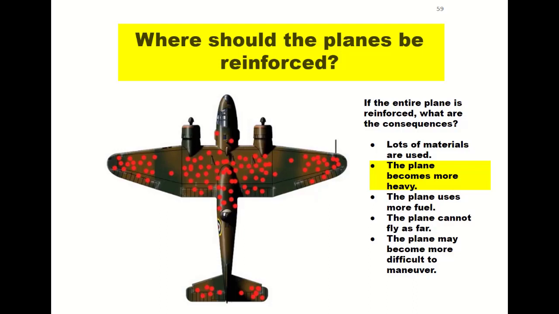When a plane becomes more heavy, the plane will start to use more fuel. That means that the plane cannot fly as far as it usually would because it has less fuel because it's more heavy. And also, another thing that could happen is the plane may become more difficult to maneuver through the air. So if the pilots were trying to get away from the anti-aircraft fire, it could influence how nimble they could be in the air.